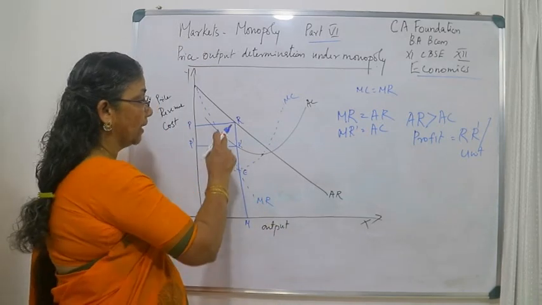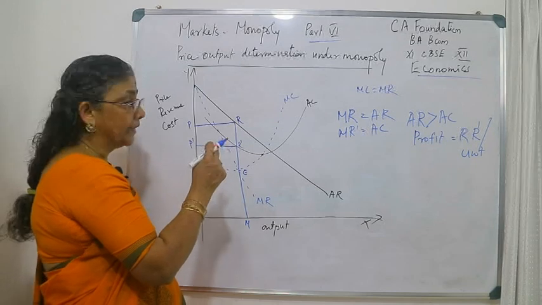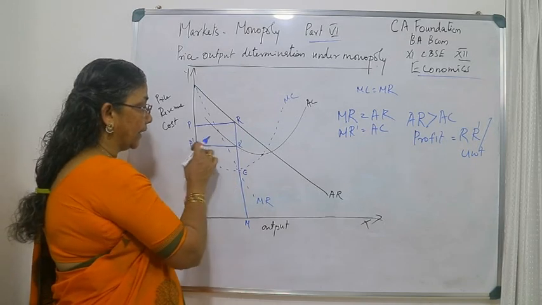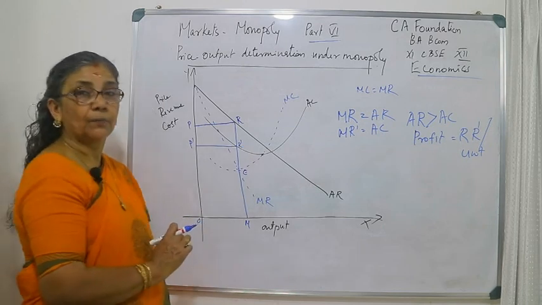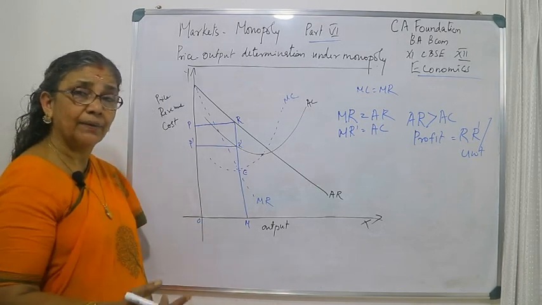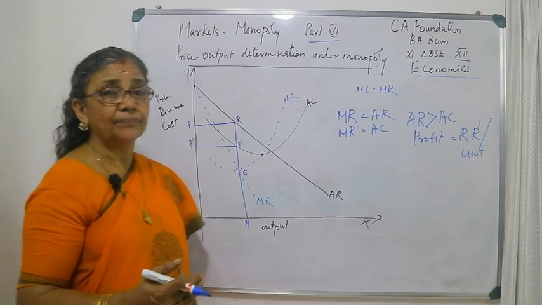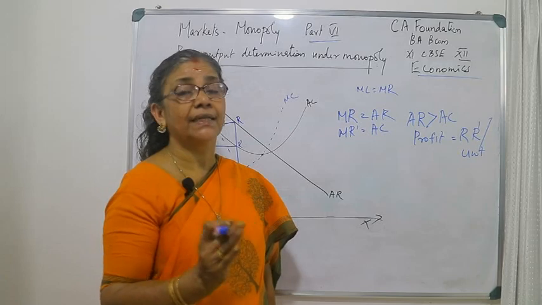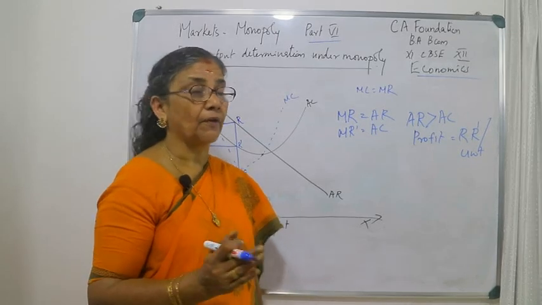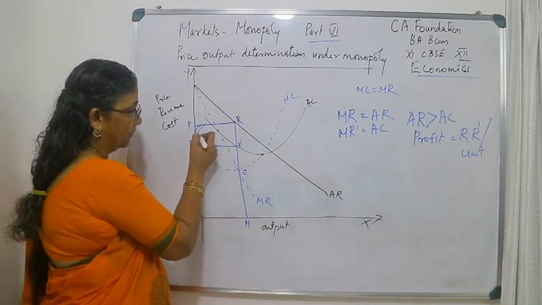Now the total profit is RR1 into OM, the level of output. Suppose 100 units are produced and the profit per unit is 80: 80 times 100 is 8,000. So 8,000 is the total profit obtained by the monopolist.